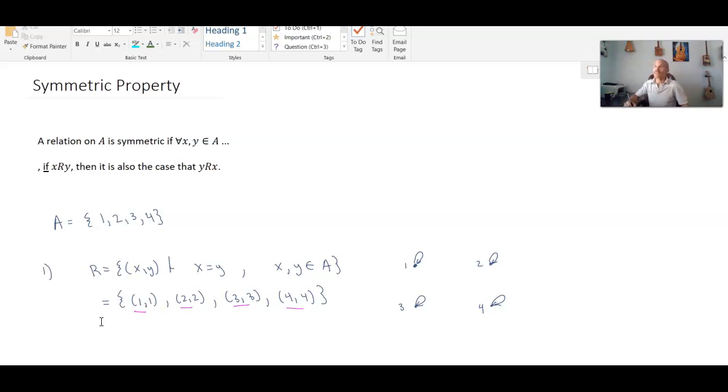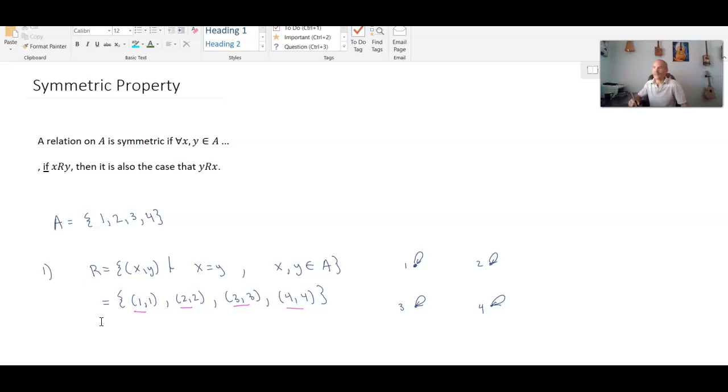So the premise of this statement suggests that only for elements that relate to other elements do we need to worry about, does the other element relate back to the first element. So we don't see any elements related to other elements, and therefore the symmetric property does indeed hold, because this is just conditional upon, does an element relate to another element?